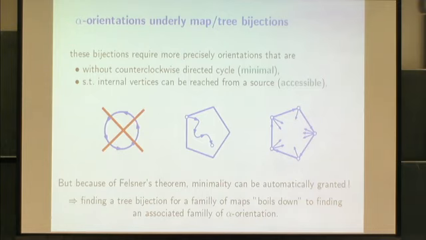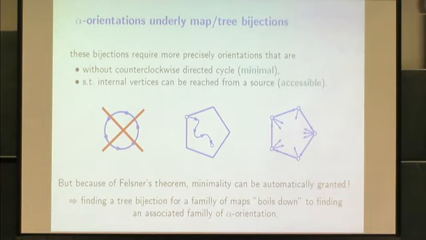And because of this lattice structure that we had, the orientation they look at is the minimal one in the lattice. So instead of considering all the alpha orientations that you can put, for a given feasible alpha, on a map, they concentrate on the minimal one, and they use this extra property to define bijections.